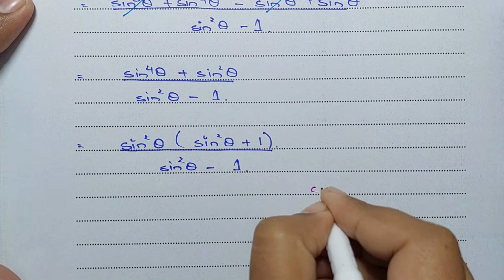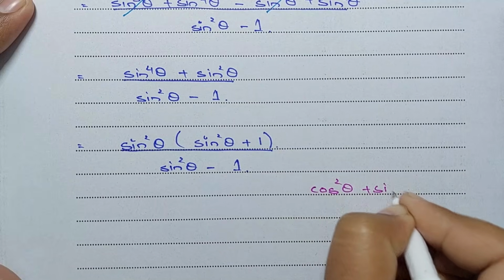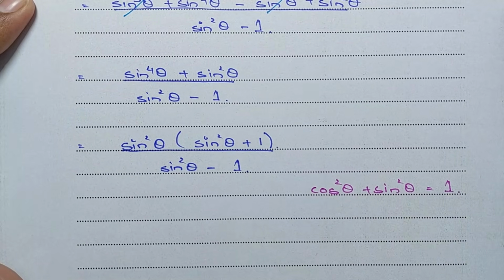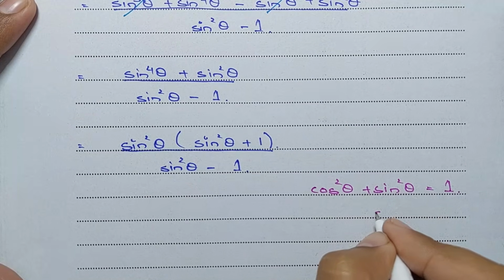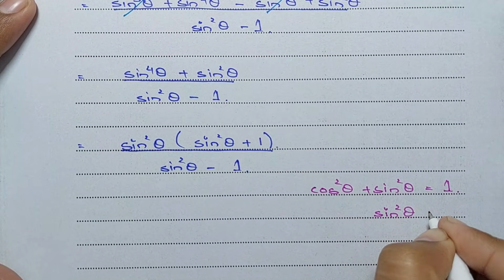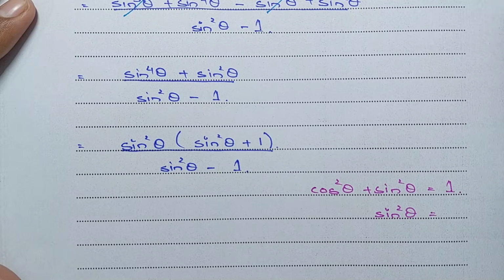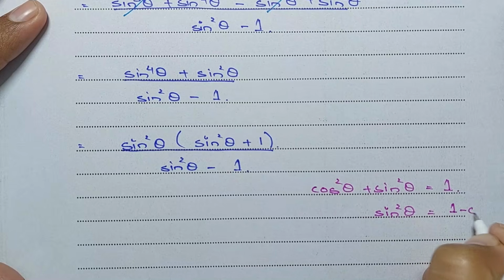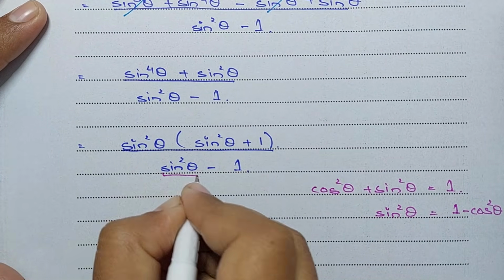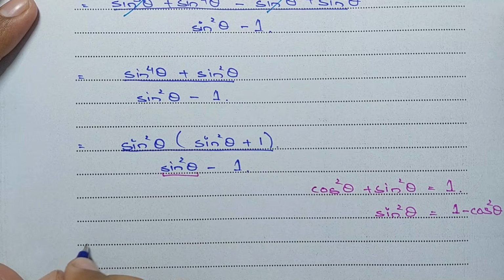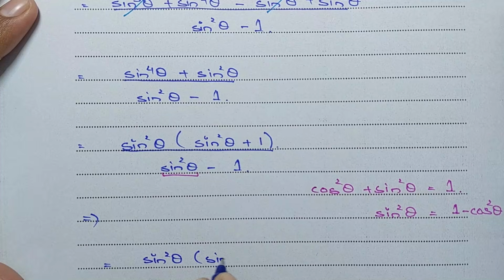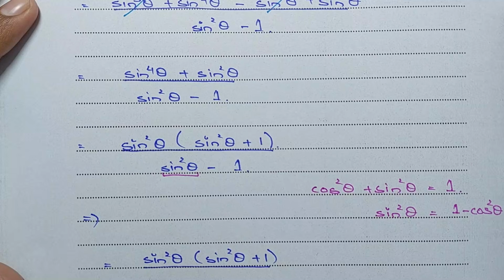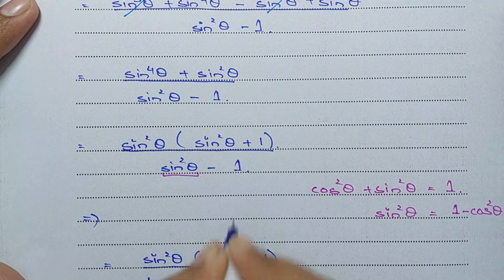Let me use the identity cos square theta plus sine square theta equals 1. What is the value of sine square theta? Sine square theta equals 1 minus cos square theta. Just write down this value of sine square theta as 1 minus cos square. This implies we have sine square theta into sine square theta plus 1, divided by 1 minus cos square theta minus 1.